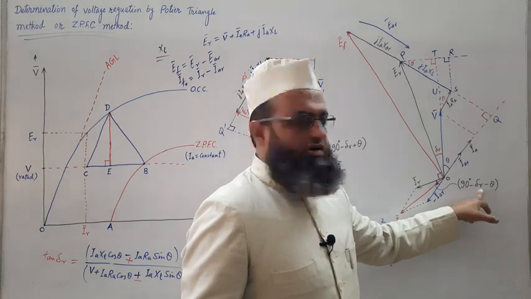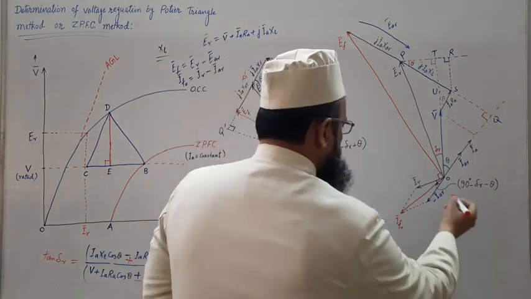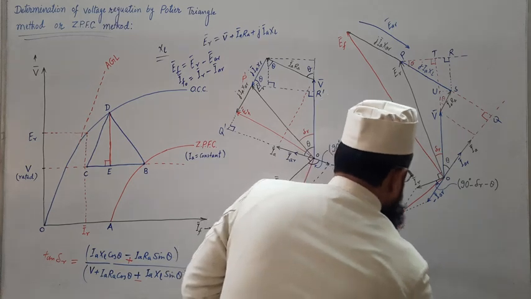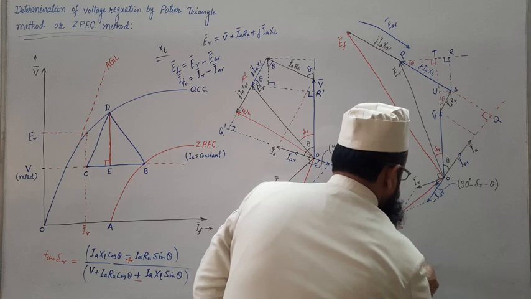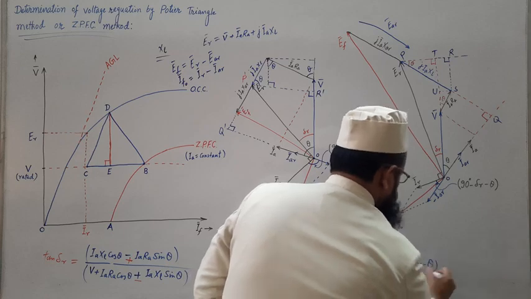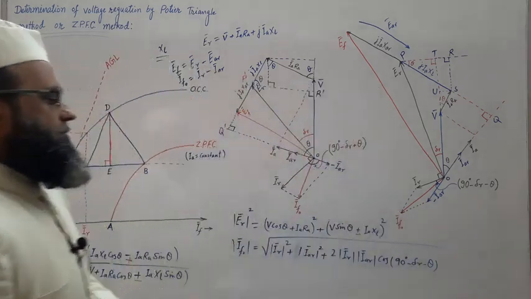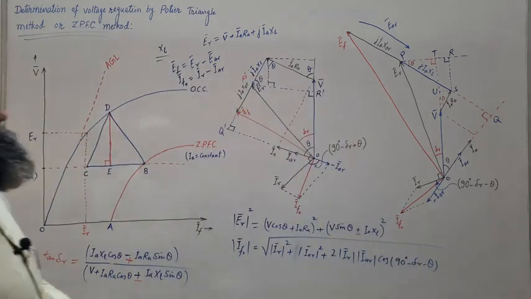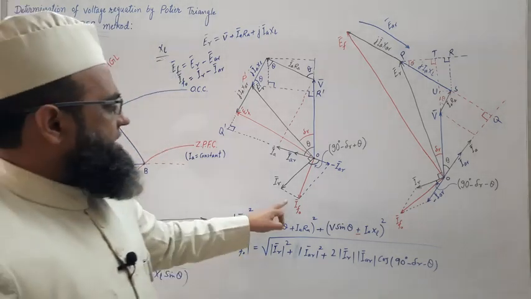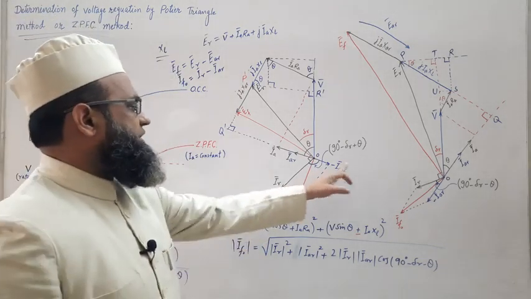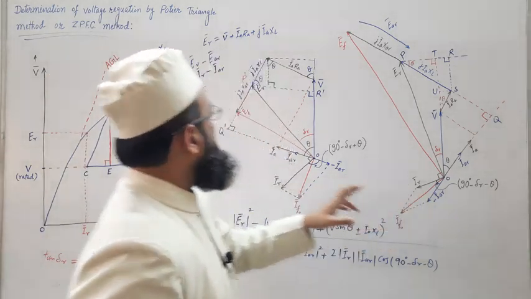Once delta R is known, theta is already known, so this angle is known. So this angle for lagging power factor, we may write 90 degree minus delta R minus theta under root. For leading power factor, this IF0, which is the resultant of these two phasors, again IR and minus IAR.